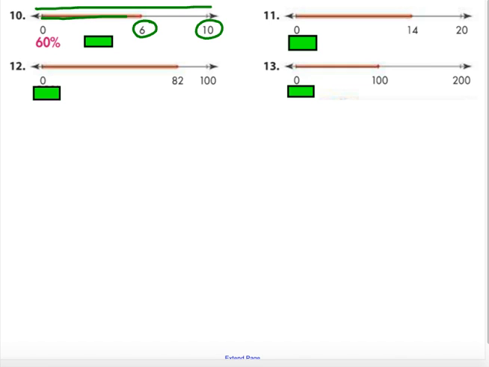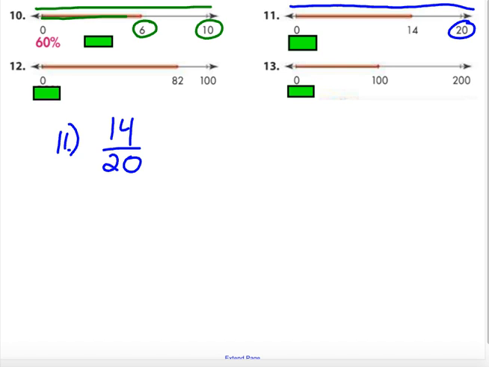Number 11, when you look at number 11, okay, we have a number line that is broken into 20 sections. So our second term is 20. Our first term is 14 because we've highlighted 14 out of the 20. And so again, you could simply say, okay, 100 is a multiple of 20. 5 times 20 is 100.